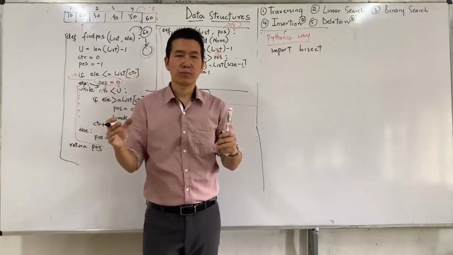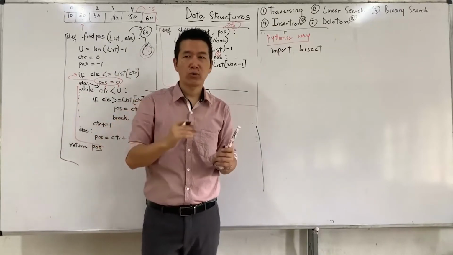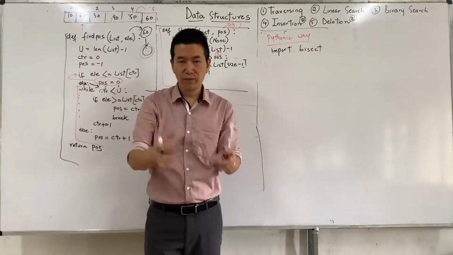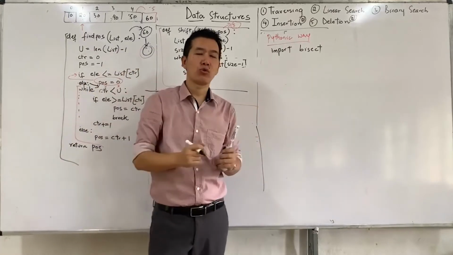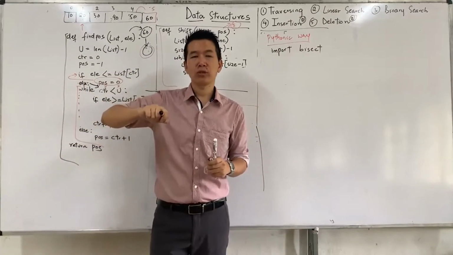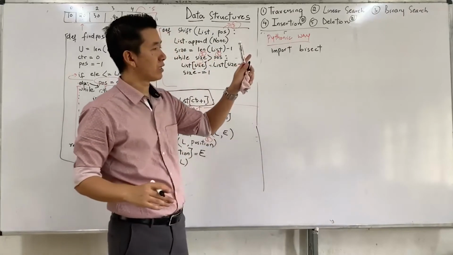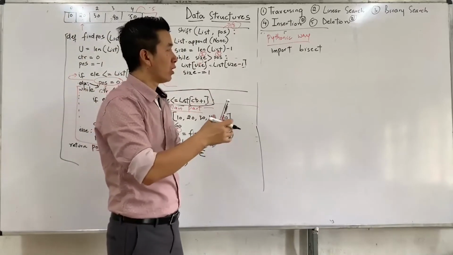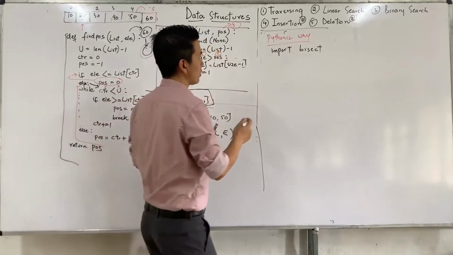It's like a toolbox. Say you have some mending work or construction work. First, you need to get the whole toolbox. You need to have it. So that's like a module. And then you pick up the spanner to tighten the screw. That's like using a function, one of the functions which are defined in the bisect module. So you need to get the whole module into the RAM. Only then you'll be able to use the functions which are defined in the bisect module.